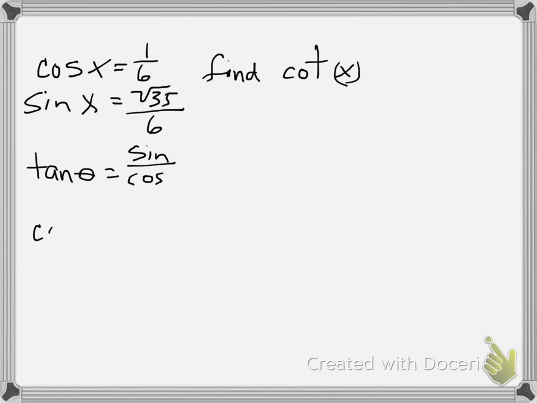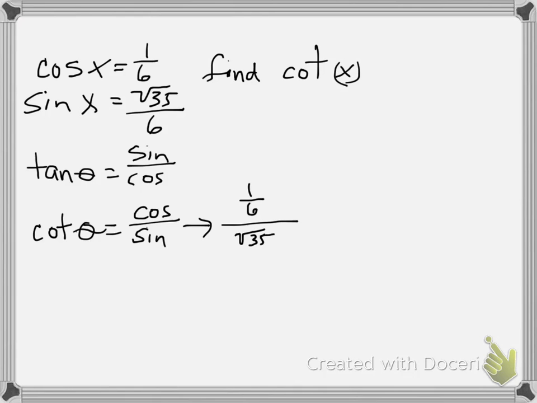So the cotangent is going to be equal to the inverse, or the cosine over the sine. Well, we're told what the cosine is and we're told what the sine is. So really all we have to do is plug in what we know. We know the cosine is equal to 1/6. We know that the sine is equal to the square root of 35 over 6.